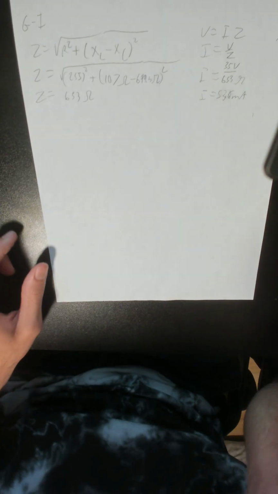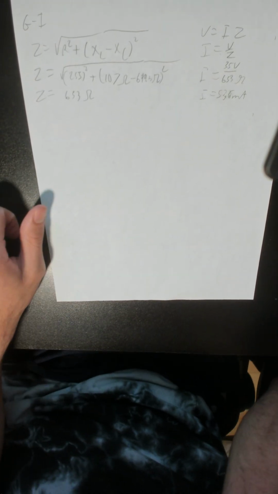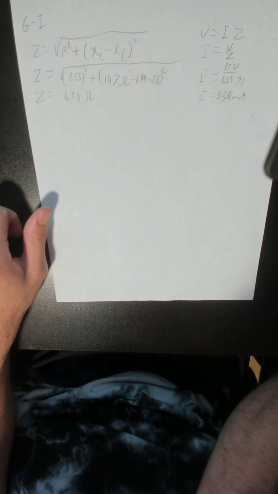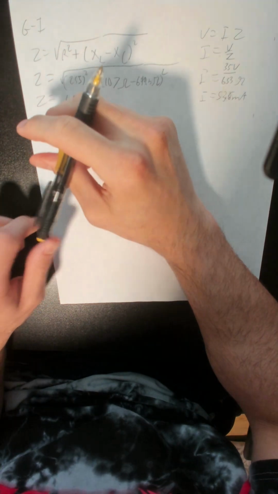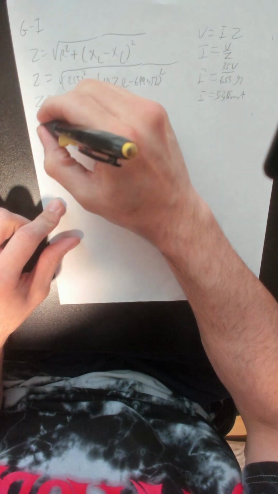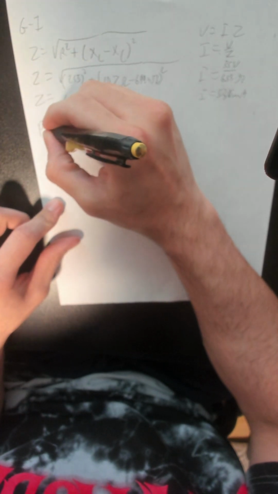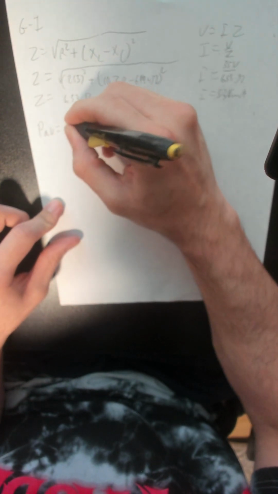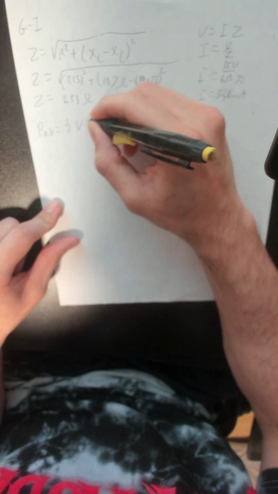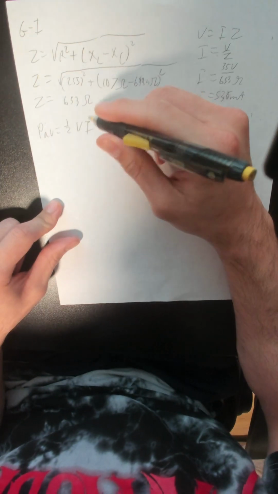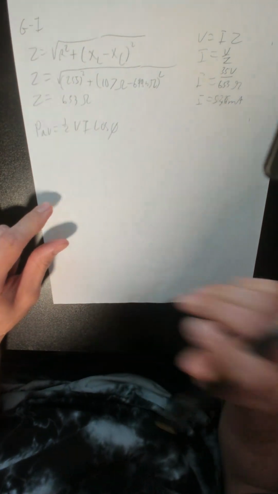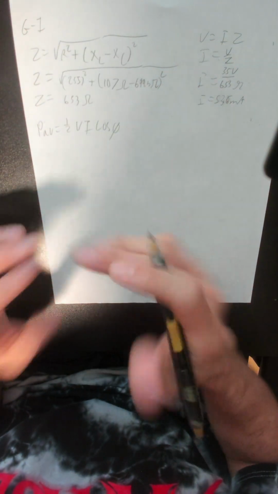All right, and it's asking again for the circuit in the preceding problem, find the average power delivered to the resistor. So the average power would simply be, pretty simple, just plug everything in to this formula. Our average power would be equal to 1/2 of voltage and current multiplied by cos of the phase angle. We have everything already, so just plug everything in.